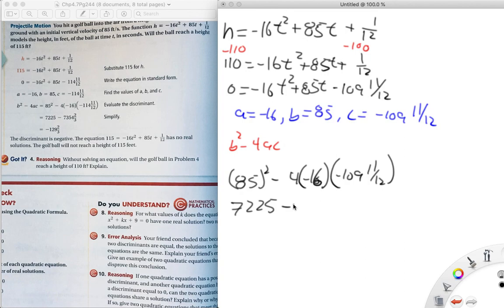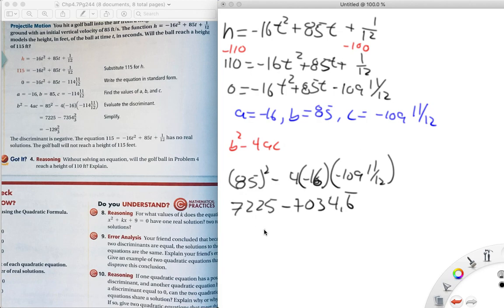Times 16 times 4, and we get 7034.6 repeating.